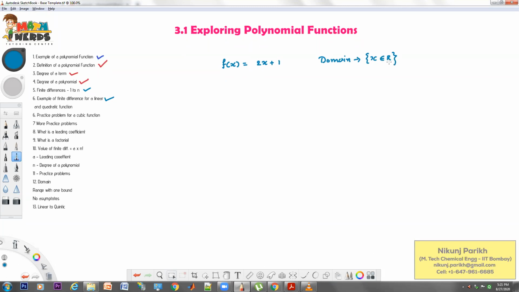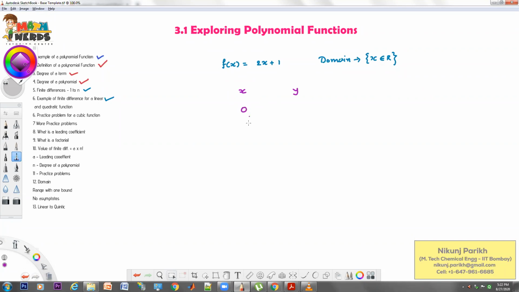So I am going to make a table of x versus y. X values, I am going to start from say 0.